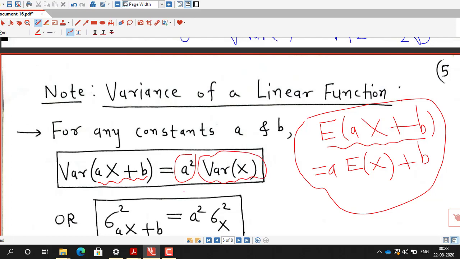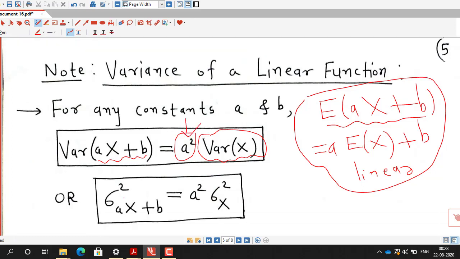We are not going into the details of proof. So variance of ax plus b is given by square of a into variance of x. So variance of x is not a linear function. Expected value of x is a linear function, but variance of x is not a linear function because we are having a square here.